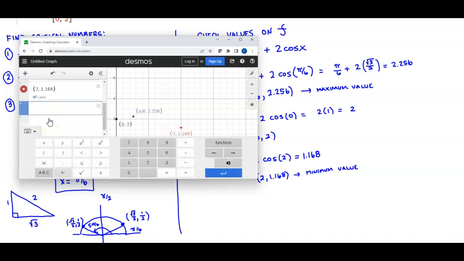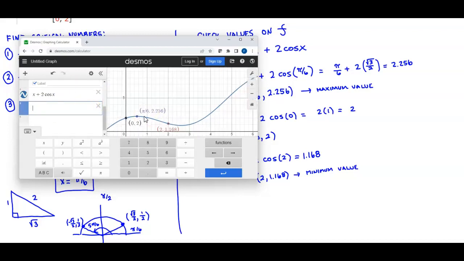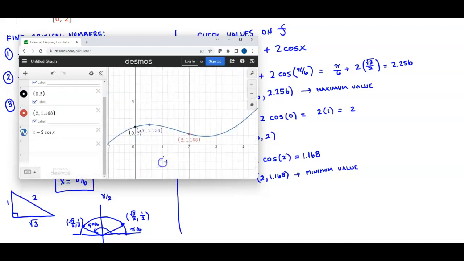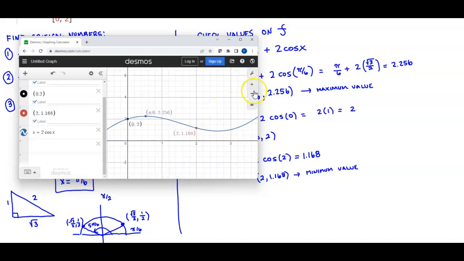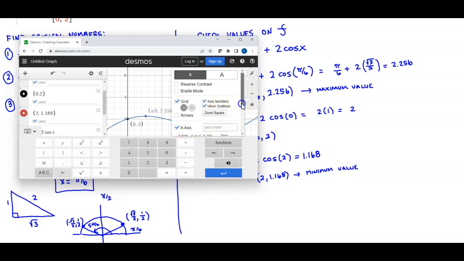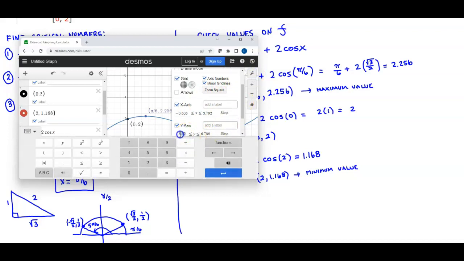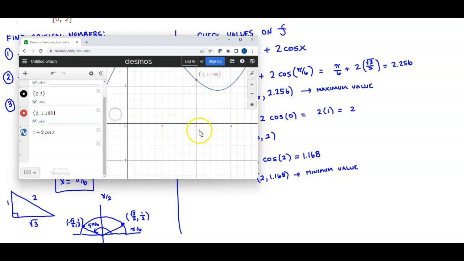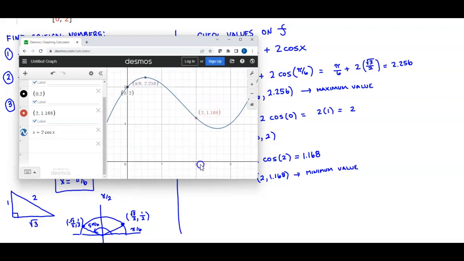Now let's go ahead and graph our function, x plus 2 times the cosine of x. Let's change our y-axis to go from negative 1.5 to 1.5, and take a look at our graph.